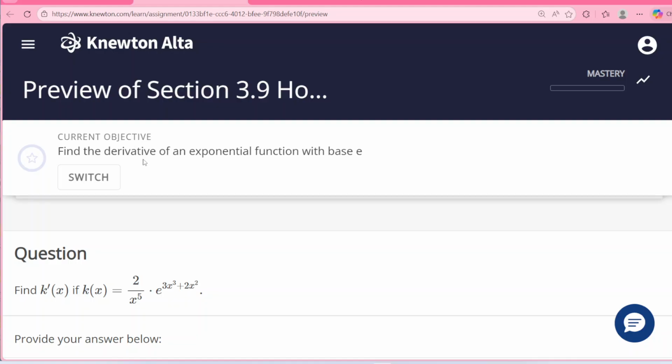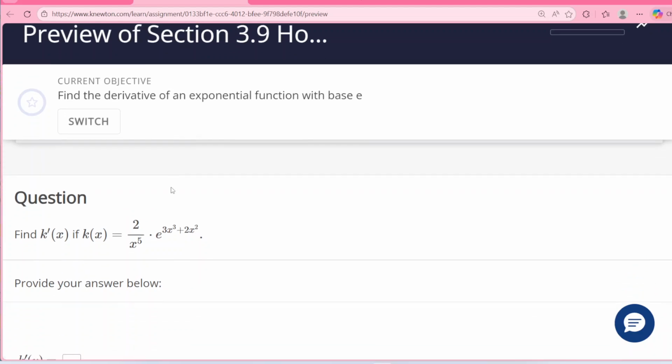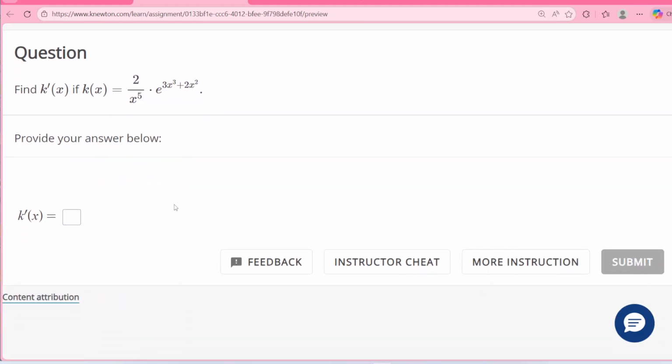All right, then you have your current objective, a question related to that current objective, and at the bottom of every question, you should see a feedback button. So if you see any issues with the question itself or the answer explanations after the question, you can click on this and send feedback directly to Knewton support, and hopefully someone will get back with you relatively quickly and address your issues.